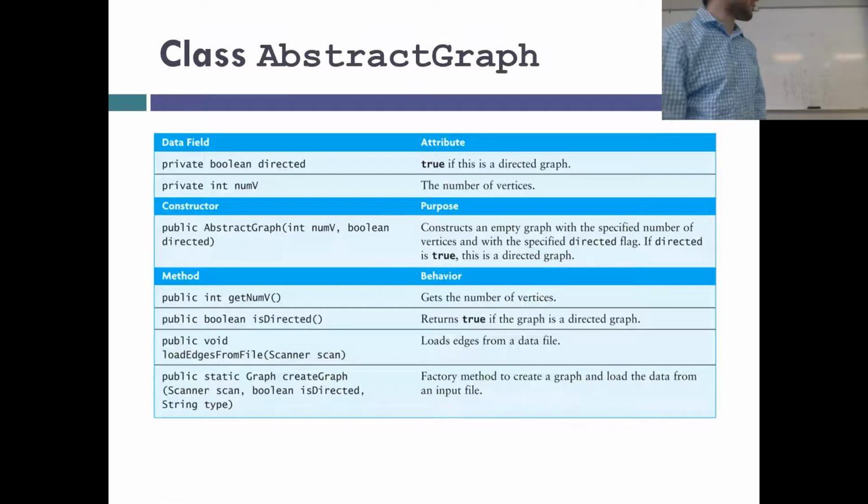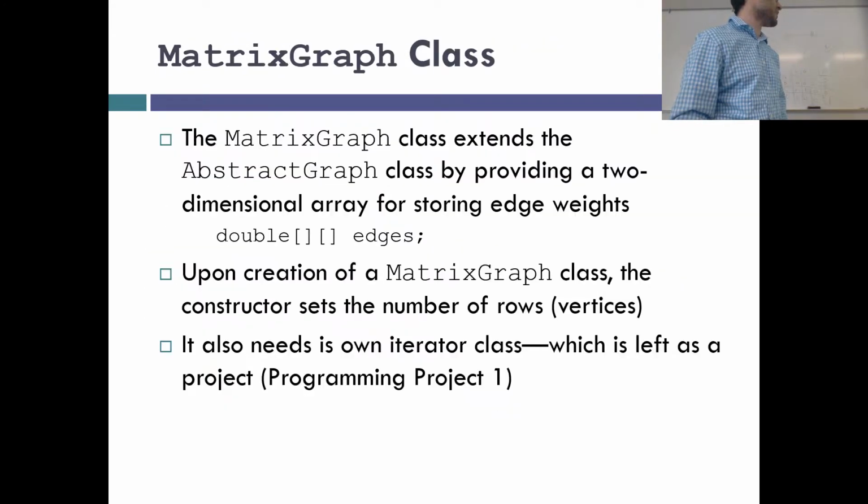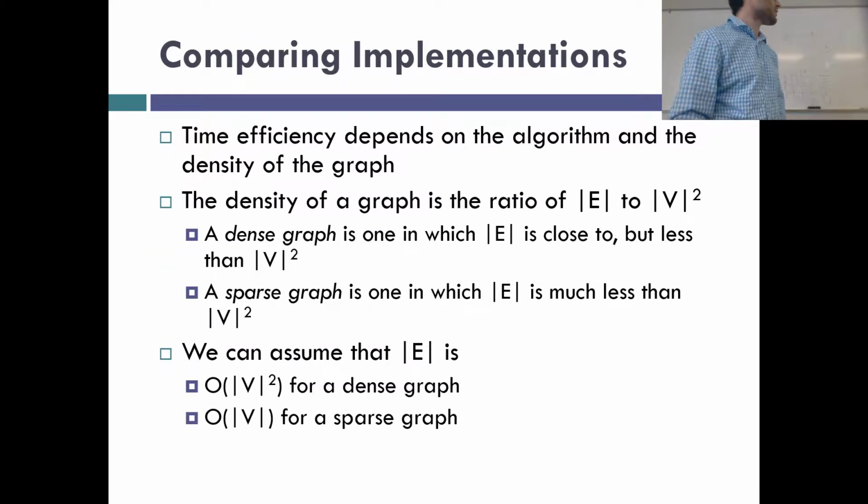All right. So now the question is, when do you want to use an adjacency list or an adjacency matrix? That really depends on what implementation you want to use, and it depends on basically the density of the graph.